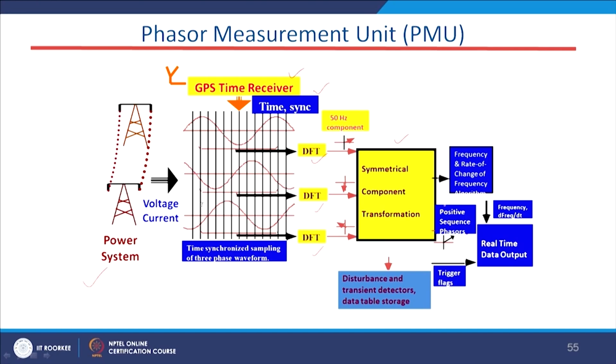Using that we get positive sequence components, and further negative and zero sequence components, and then we can also calculate the rate of change of frequency. Further, we can apply this for real time applications or disturbance or transient recording, whatever applications we want, using this data.